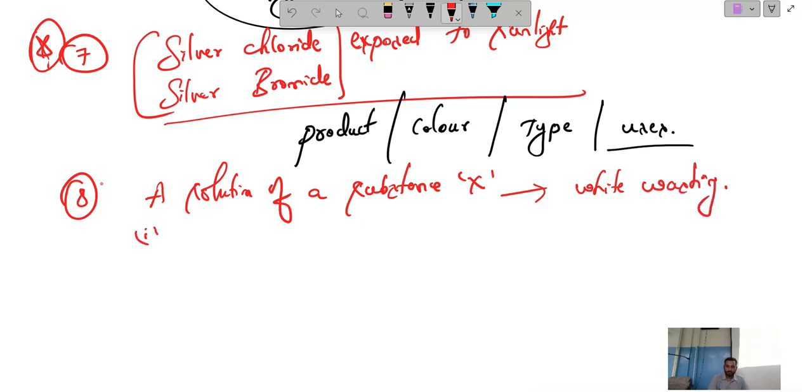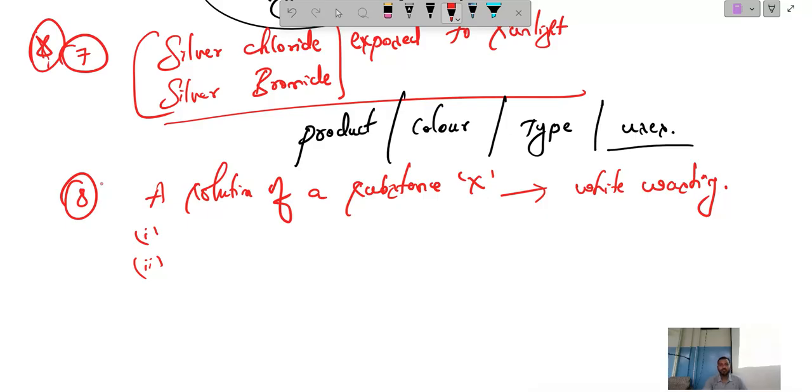Sub question 1. Name the substance X. Write its formula. Option 2.